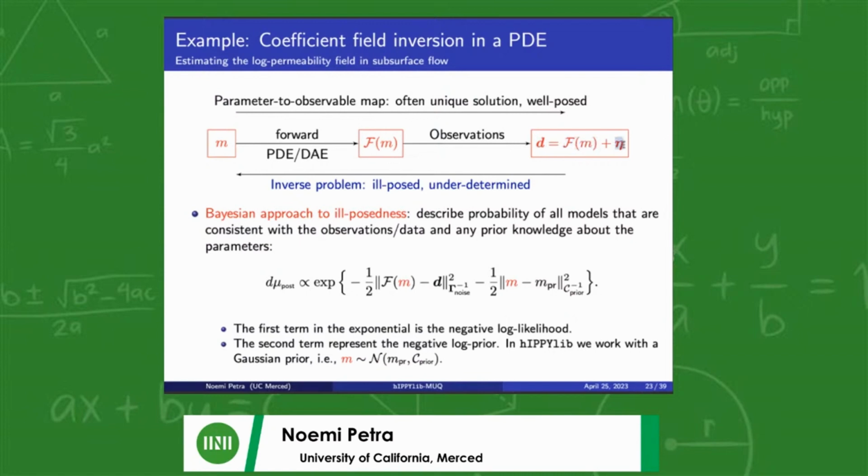This noise can be modeled as a Gaussian with some mean and covariance. In this talk, I will consider that this noise subsumes noise coming from model error, from measurements, and so on.